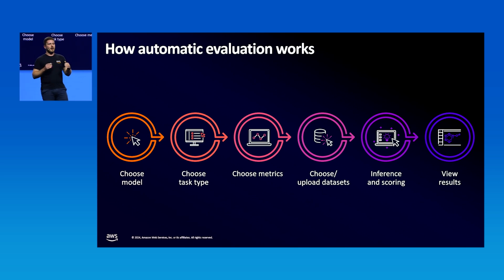So you can choose different metrics. For example, you can choose accuracy or robustness, and the logic or the code for calculating this is already built in and is already provided by Amazon Bedrock, so there's no need that you or your data science team needs to set that up from scratch. And then, same story, you would at the end of the day view the results in your user interface and draw your conclusions from it, choosing your best model.